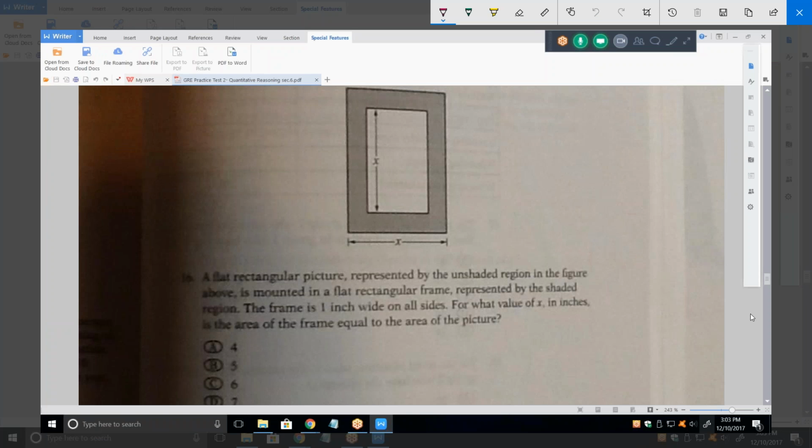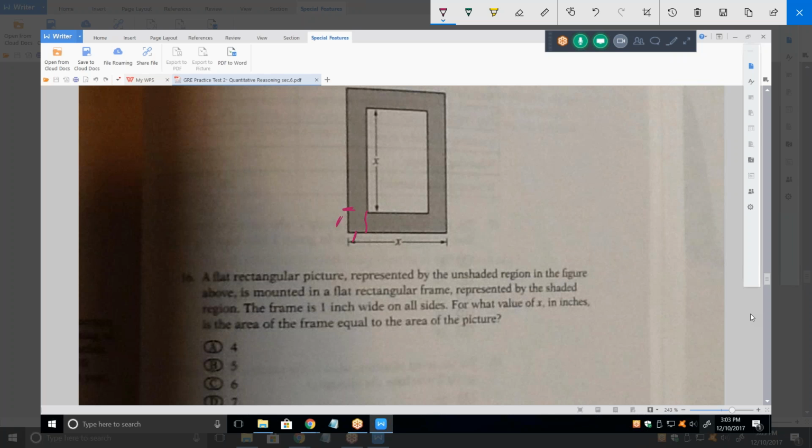So, where do we begin here? Let's begin a little bit by labeling that as 1. That's what they give you as information.